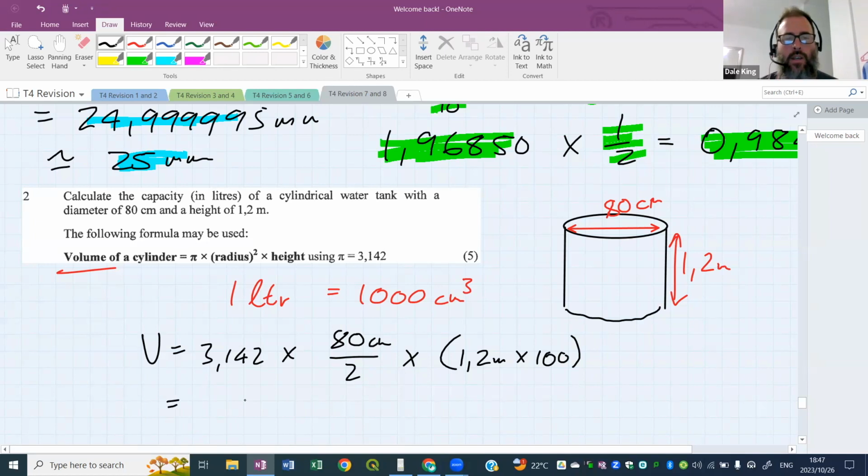All right, let's write this out again. So it's 3.142 for pi times, like Mohammed said, we don't work with diameter. This formula needs radius. Cut the diameter in half. So that's 40, squared.